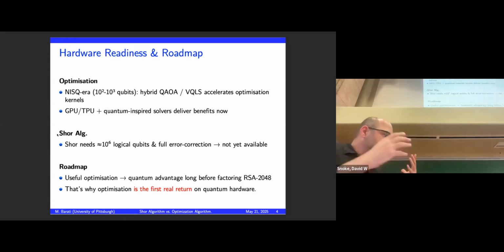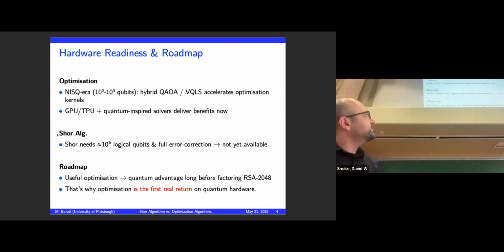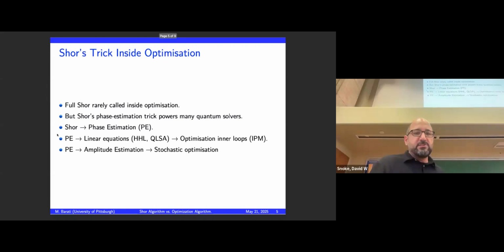All of these reasons and justifications imply that optimization is the first real return on quantum hardware. When we talk about quantum algorithms, we should discuss two types: combinatorial optimization and continuous optimization.